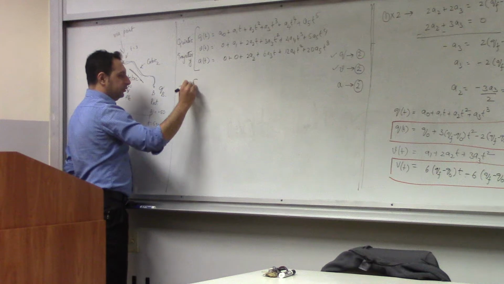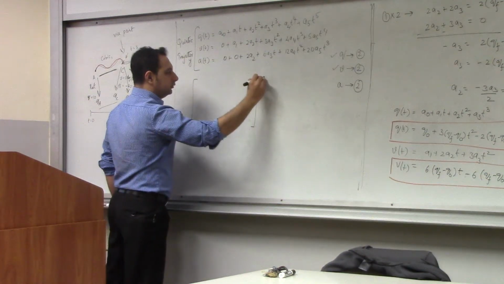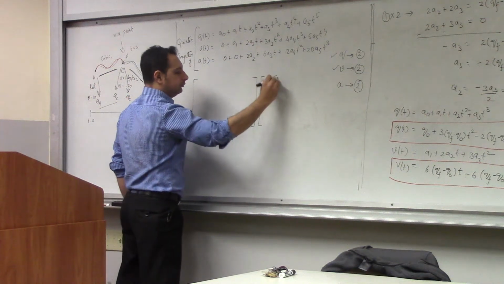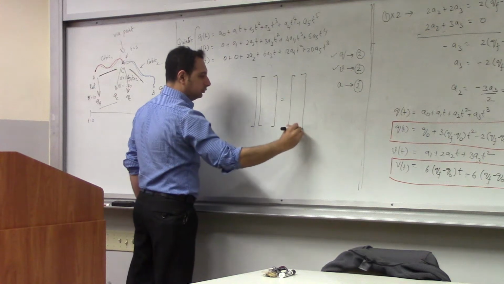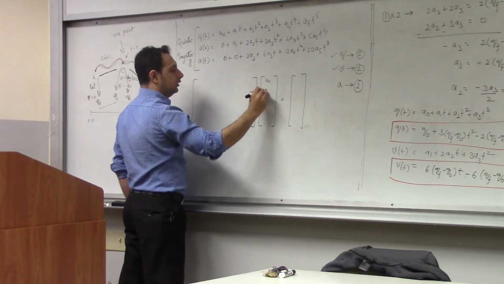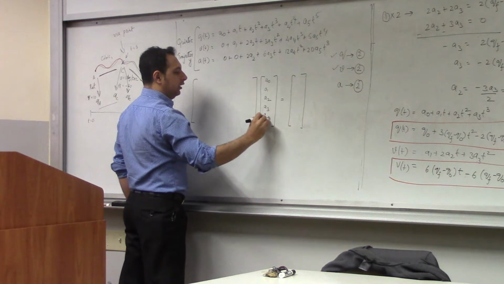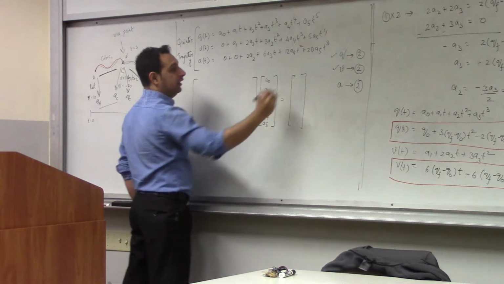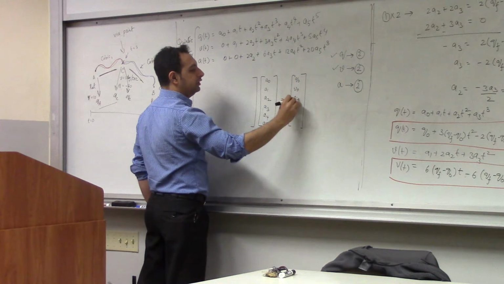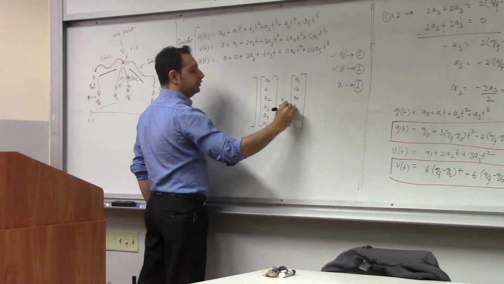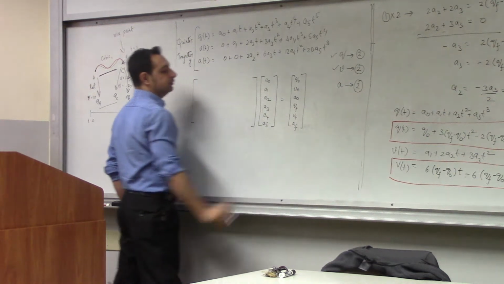So we resort to doing this in matrix form like we did previously. So this will be A0, A1, A2, A3, A4, A5. Here you'll have initial position, initial velocity, initial acceleration, final position, final velocity, final acceleration.